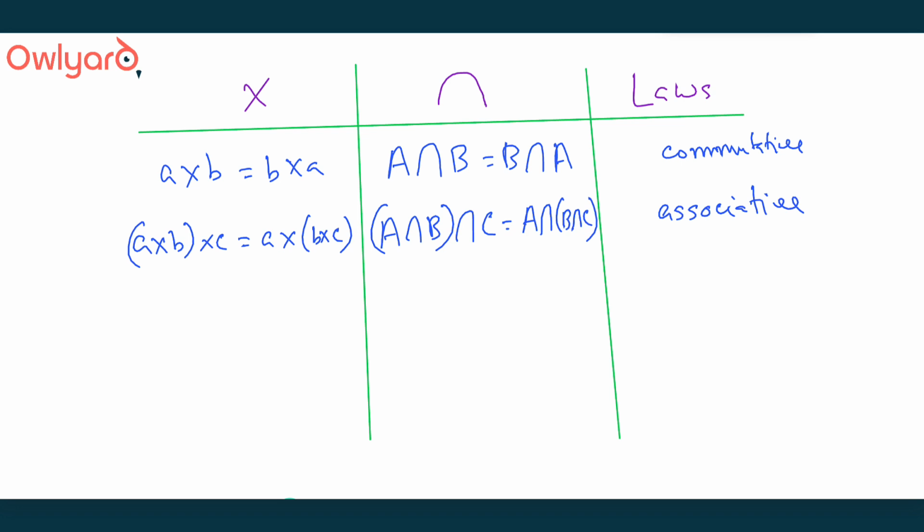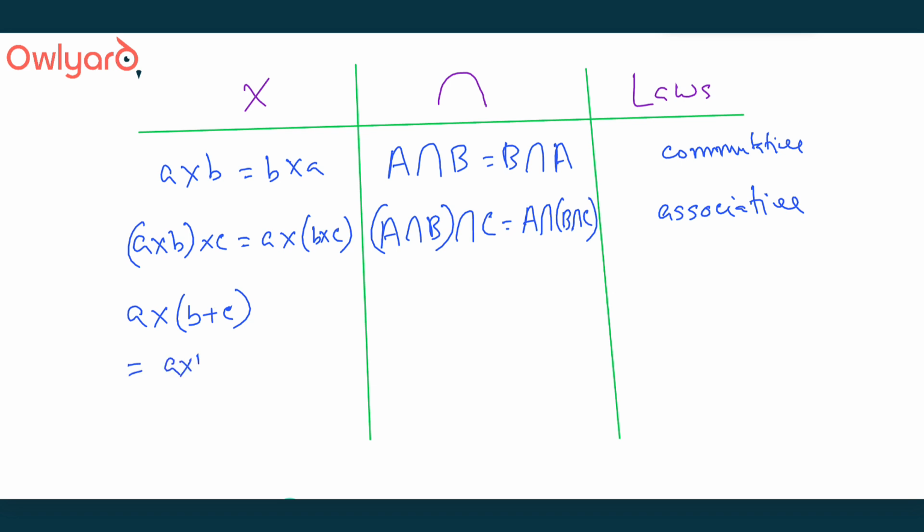Now, the third thing is a little new; it combines two different operations together. In arithmetic, we know that if I have A times, and then B plus C within the parentheses, then you have to distribute the times, right?